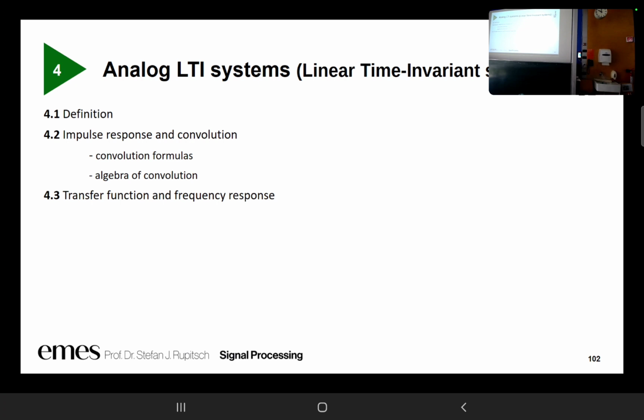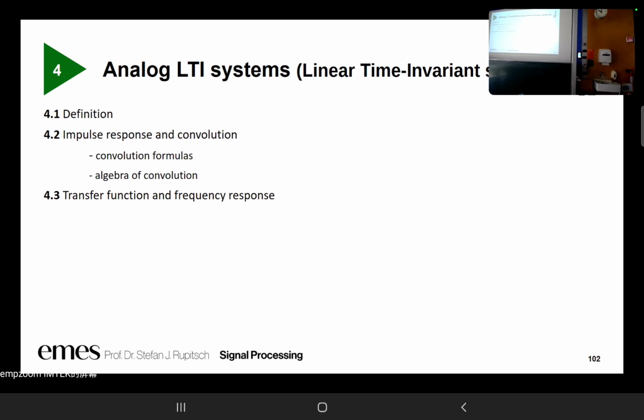Linear time invariant system. What does it mean for us from this system point of view? A system which is linear time invariant should be linear and it should be time invariant. Linear means for the input and for the output, it doesn't matter if we sum up input signals or scale them. Exactly. That's linear.